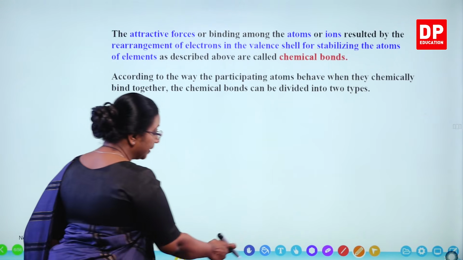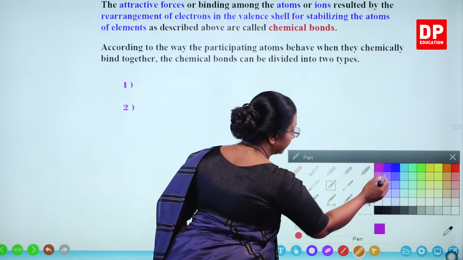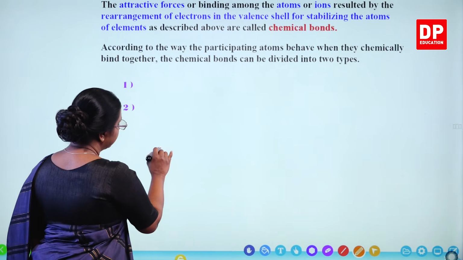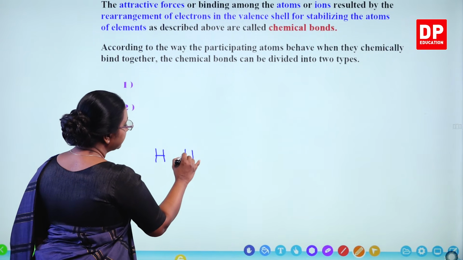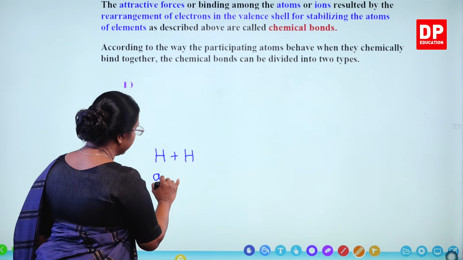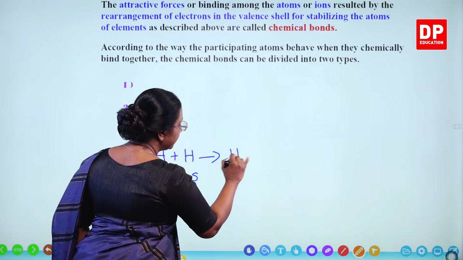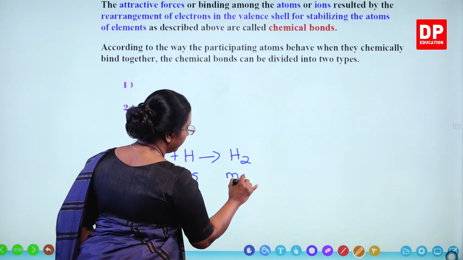For example, if we take hydrogen, 2 hydrogen atoms can combine, now here they are atoms, to form a hydrogen molecule.